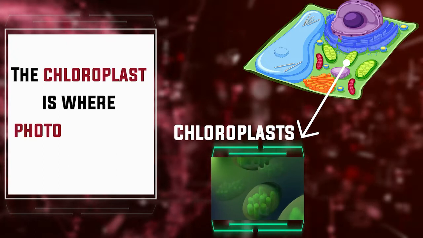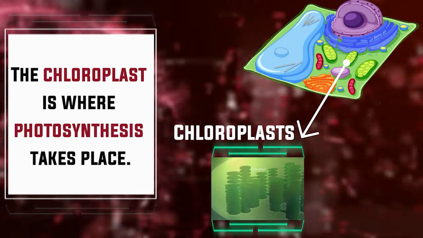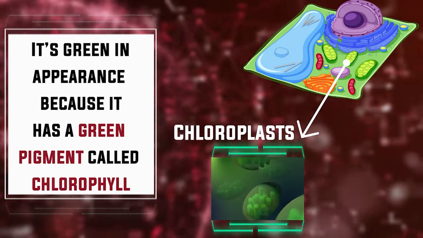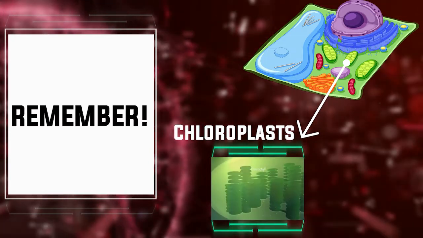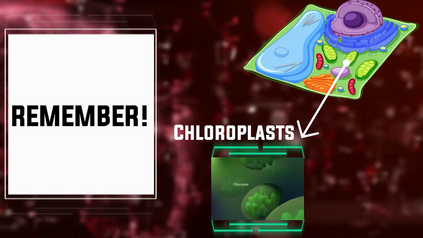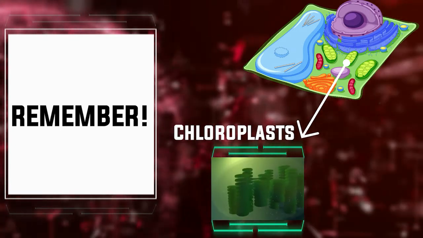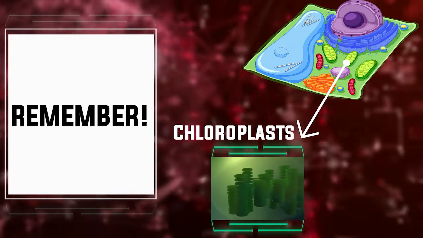The chloroplast is where photosynthesis takes place. It's green in appearance because it has a green pigment called chlorophyll. Remember, class, chloroplast is the site of photosynthesis, meaning the food-making process of plants happens in the chloroplast.